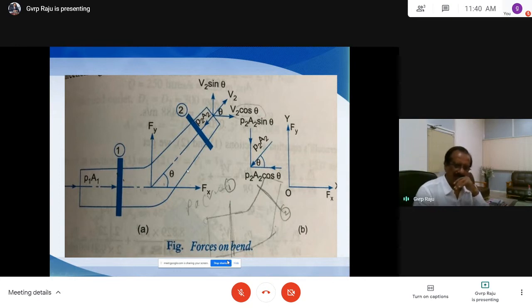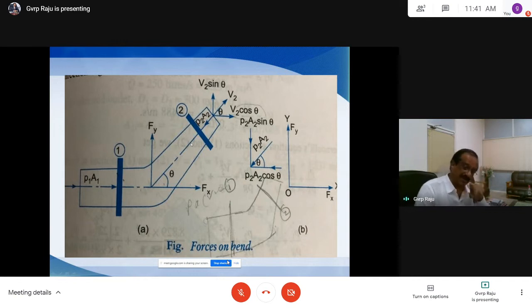When you resolve the force, this F is the force by the fluid on the bend: Fx is the force in the x direction, and Fy is the force in the y direction. So the force acts at an angle theta here.